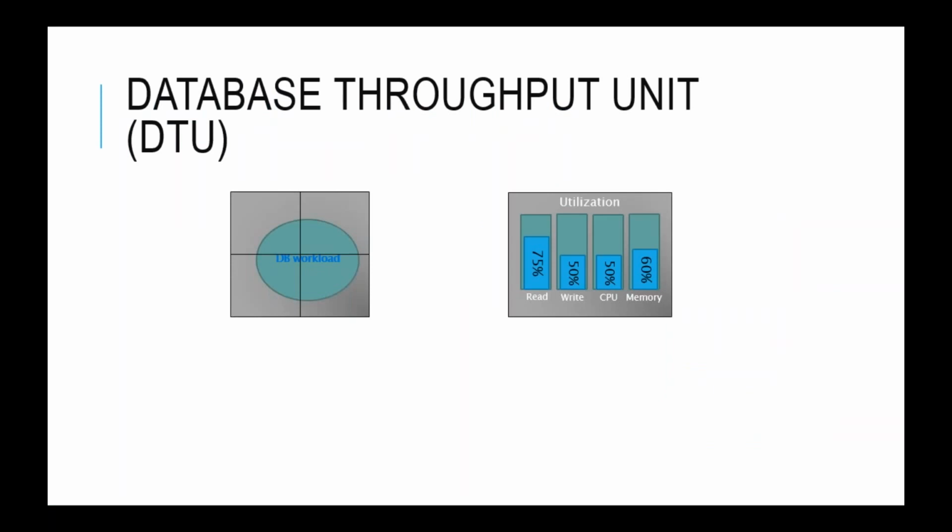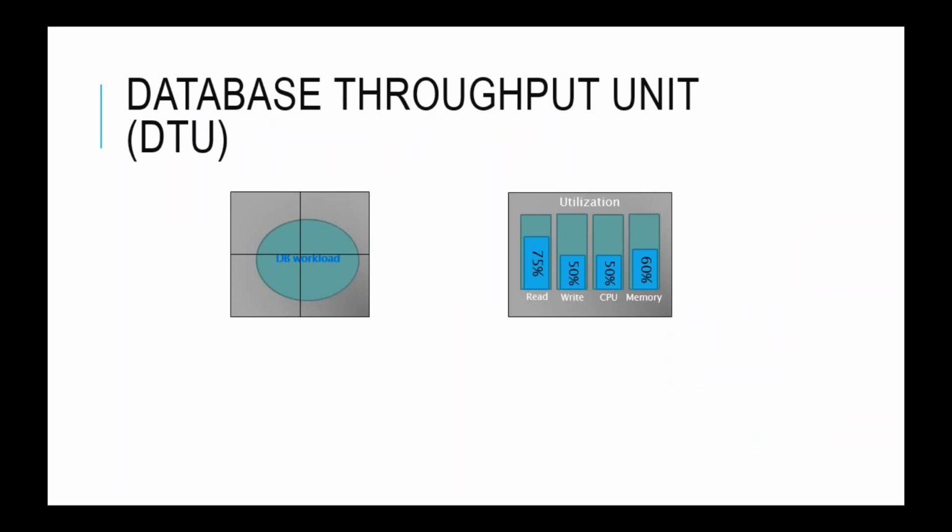And before I dive into some technical numbers, I want to explain what those numbers should mean. There is something that is called database throughput unit, or in short terms, DTU. What is a DTU?